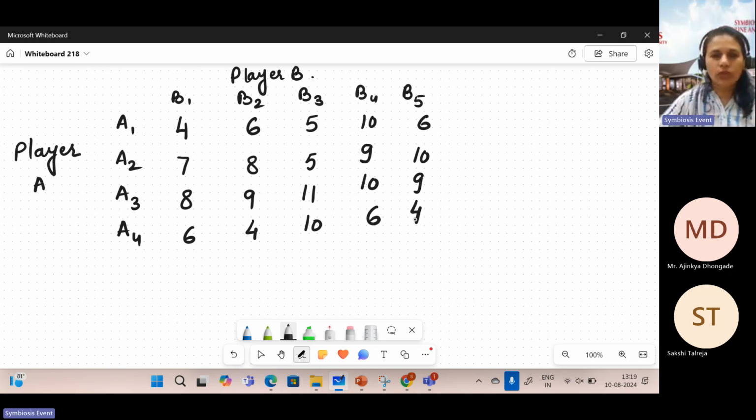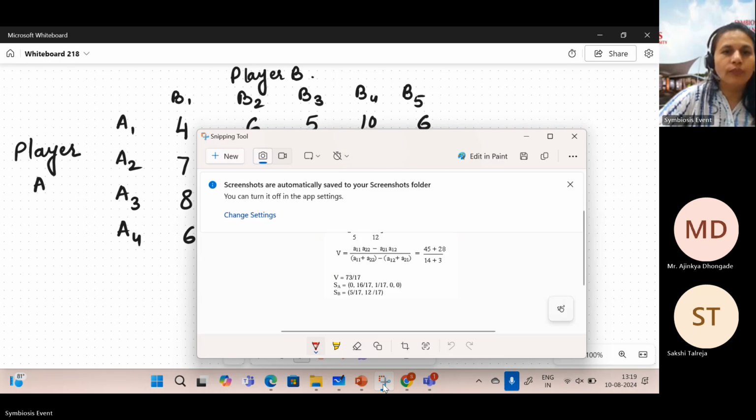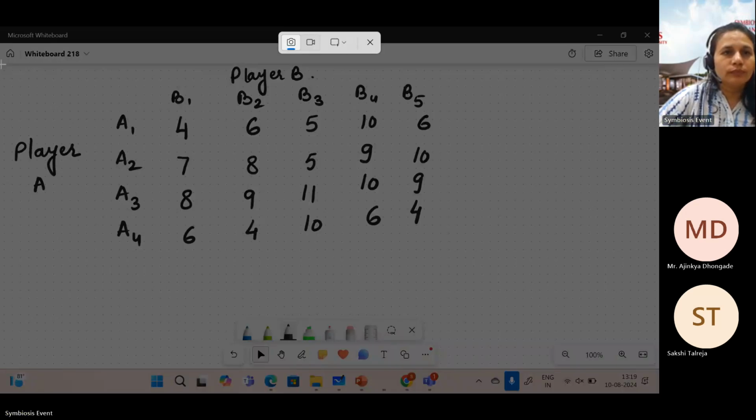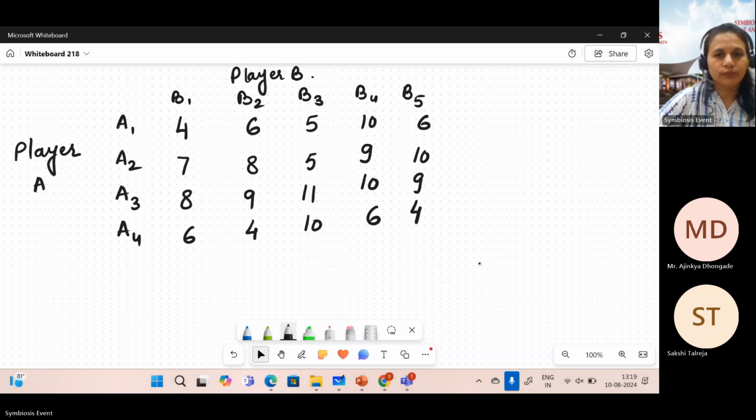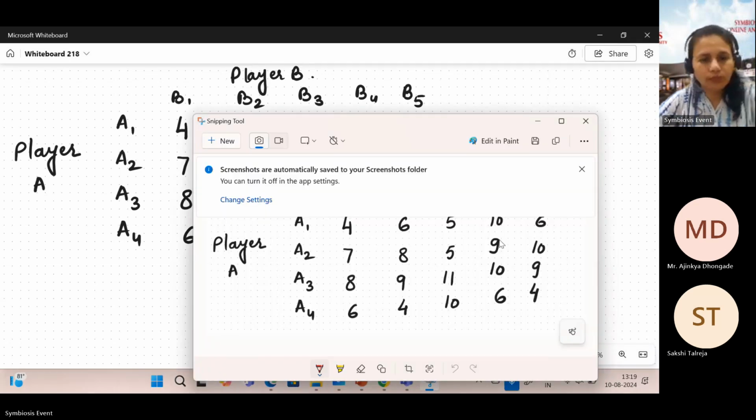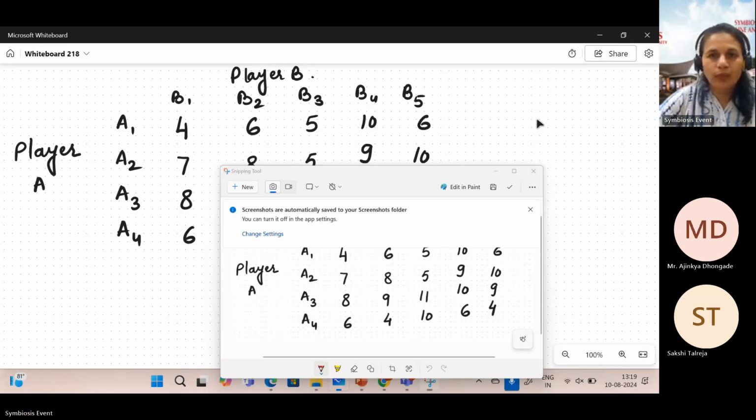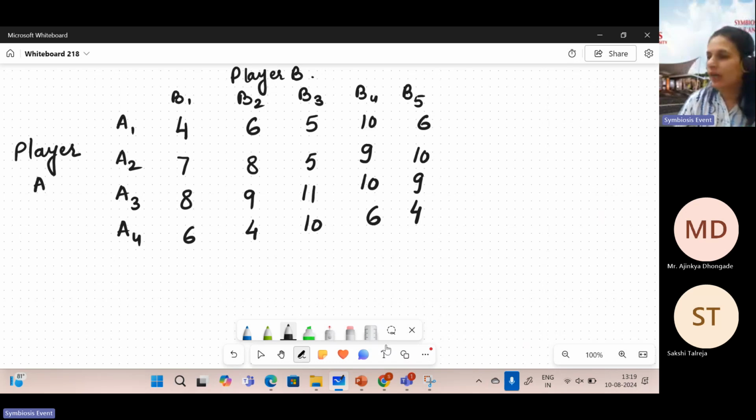Done. Okay. Done. So what we have to do, the question is, following is a table representing the payoff matrix with respect to player A. We have to solve the entire thing with respect to player A. Solve it optimally using the dominance property.